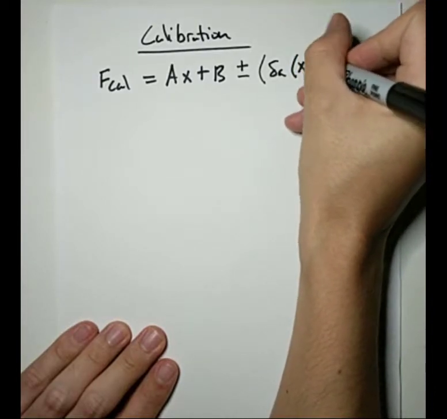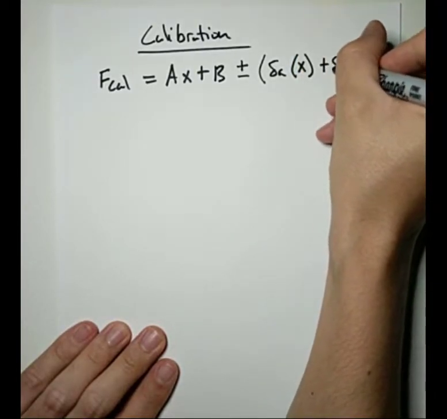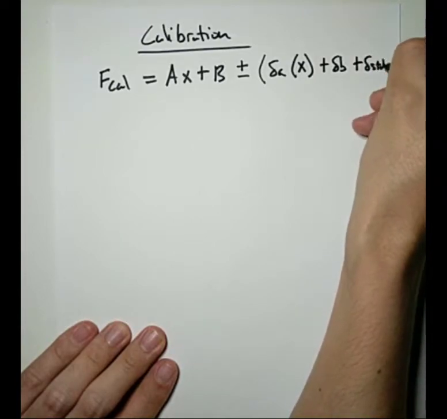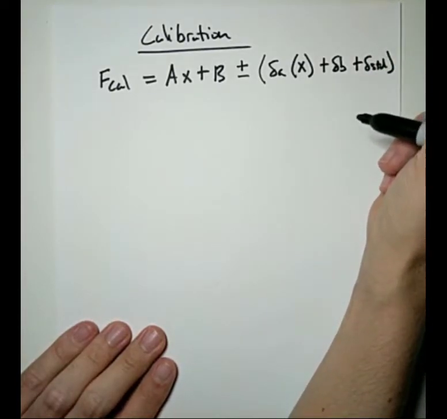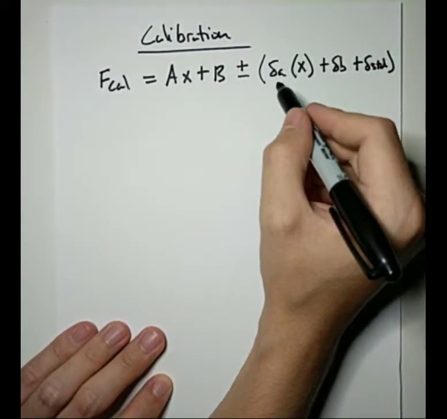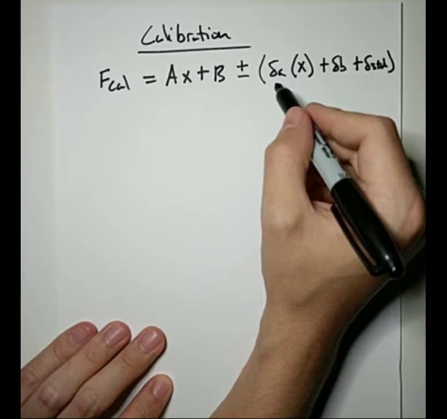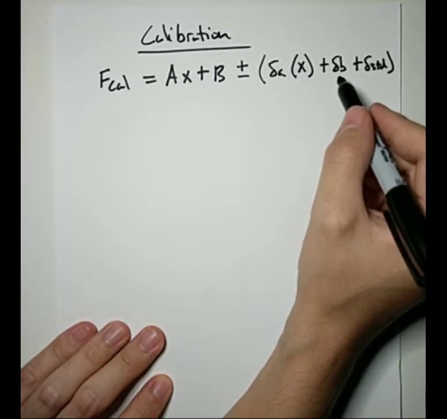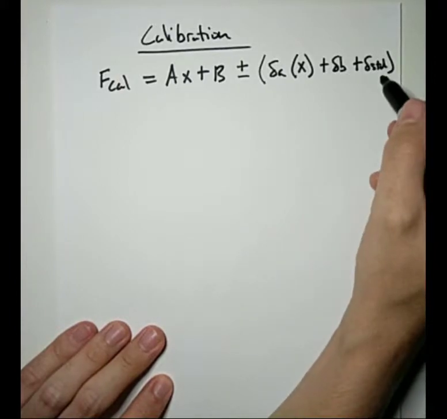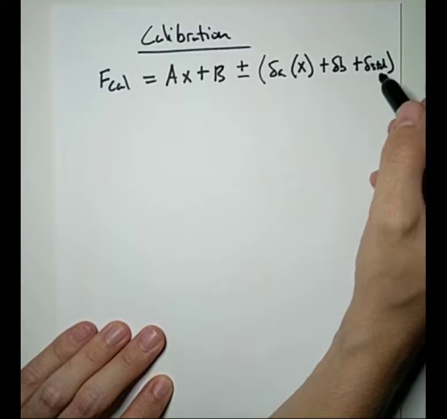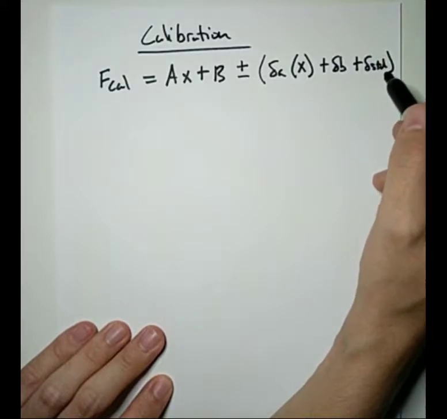So del A, del B, and del standard. So del A is called the scale uncertainty. Del B is the offset uncertainty. And del standard is the uncertainty of the sensor used as a standard in the calibration.